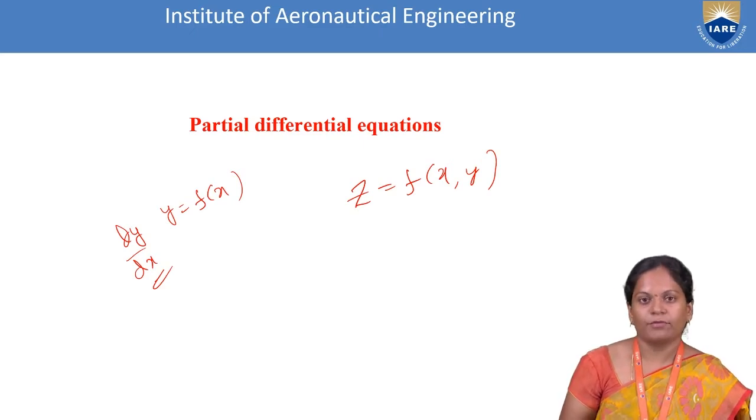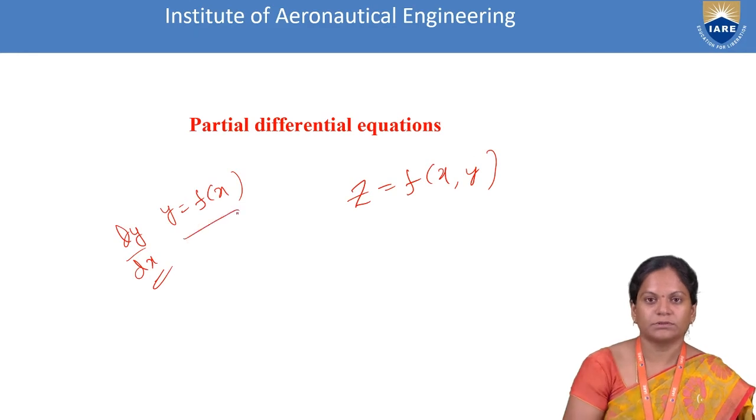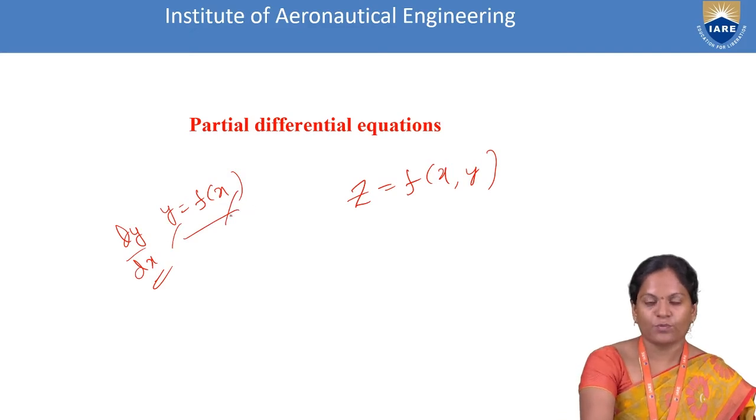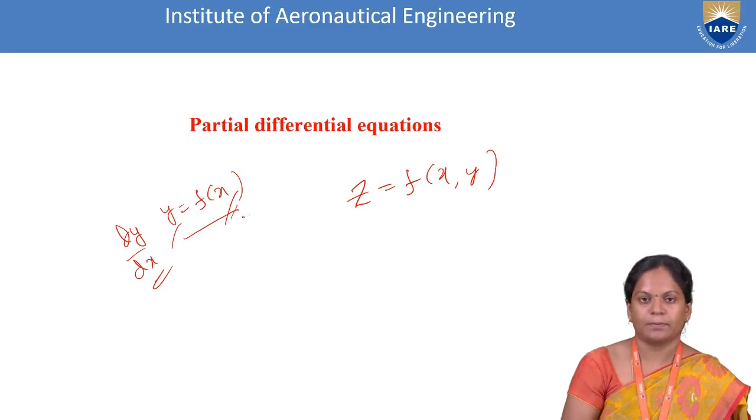In ordinary, y only depends upon the independent variable x. If x changes, y automatically changes. So y depends upon this x variable. Here z depends upon x and y, two independent variables.